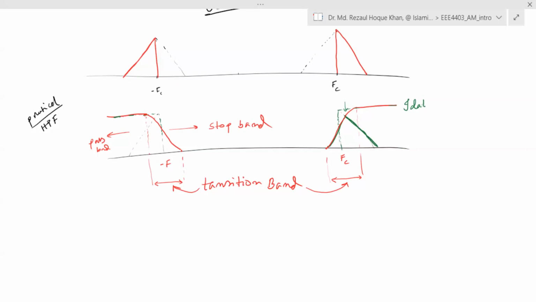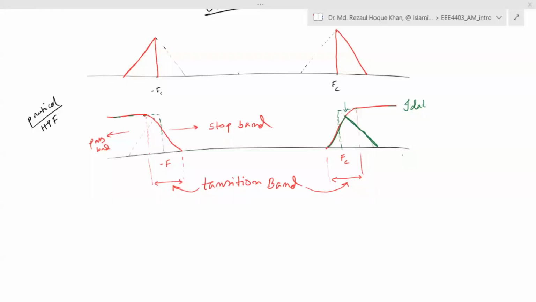At FC, let's see where our FC is. Let me draw. It was not a very good one, let me try it again. So this is our signal.